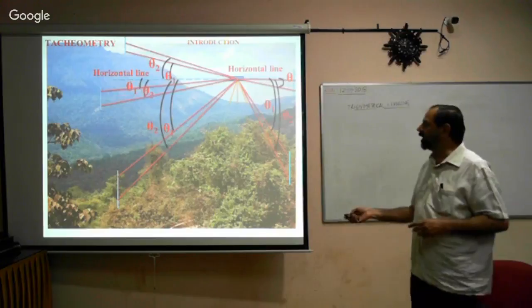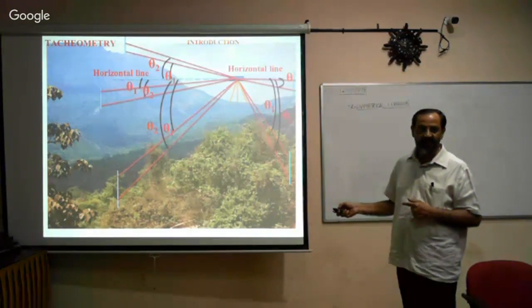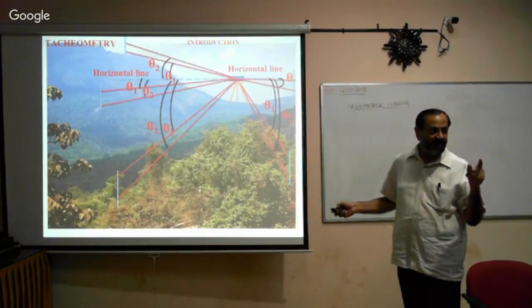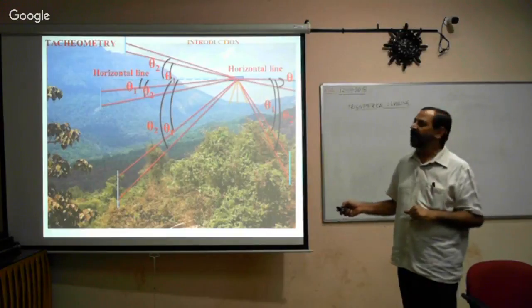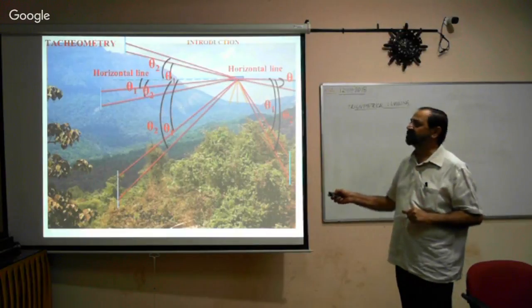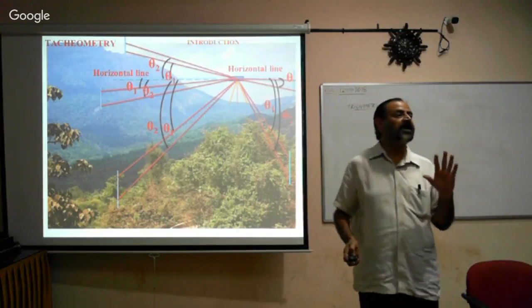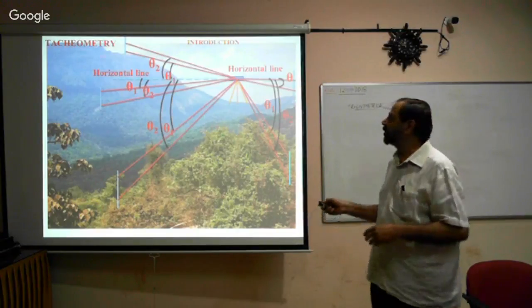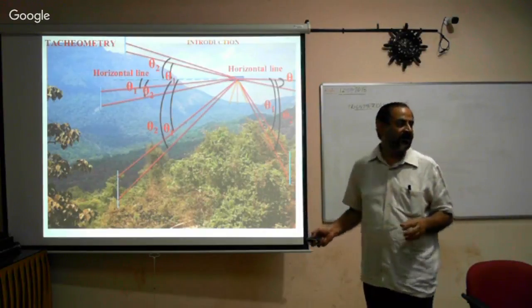Now in this case, tangential angles are measured: tangential angle theta 1 and theta 2. There are no stadia lines. It is tangential angles at a known or fixed distance on the leveling staff.